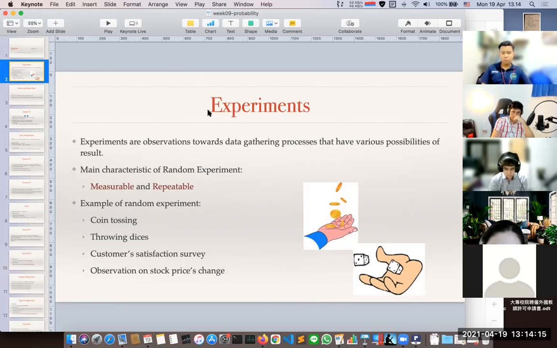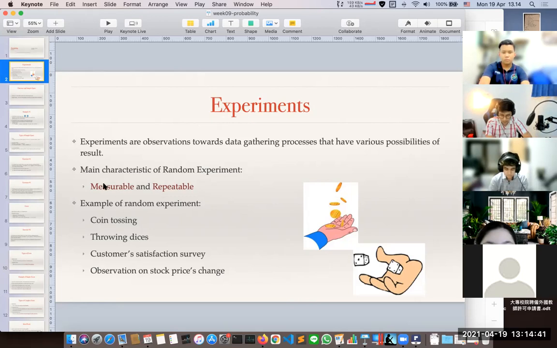It means you will know how to evaluate the value that you obtain, the result that you get from these experiments. And the second characteristic, you should be able to do it repeatedly, more than once.